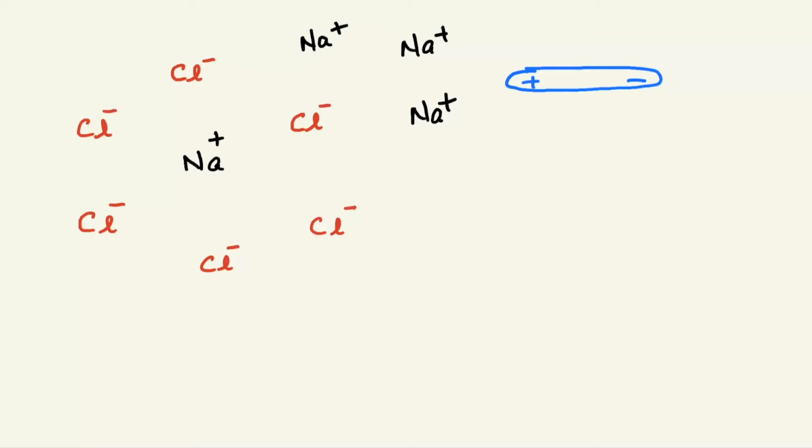Here I have got the molecule of water. We know that water is a polar molecule having a positive and a negative end. If the positive end of the water molecule approaches the positive sodium ions, do you think an interaction is possible? No way. They are going to repel each other. Positive is going to repel the positive.